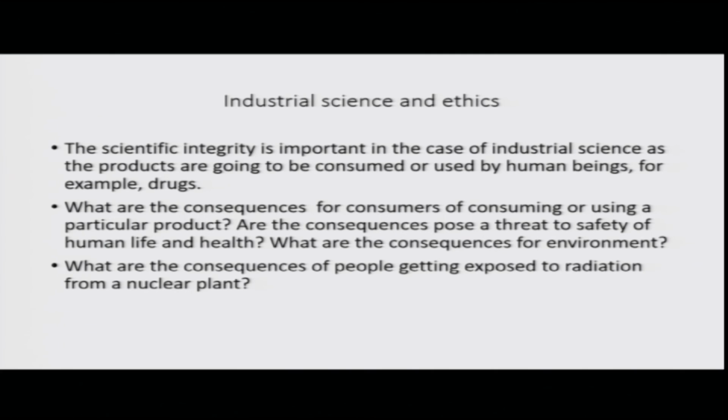So what are the consequences for consumers of consuming or using a particular product? Do the consequences pose a threat to the safety of human life and health? What are the consequences for the environment? What are the consequences of people getting exposed to radiation from a nuclear plant? I think these are the questions one should raise before we resort to any kind of interventions.